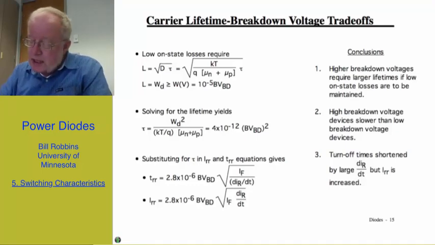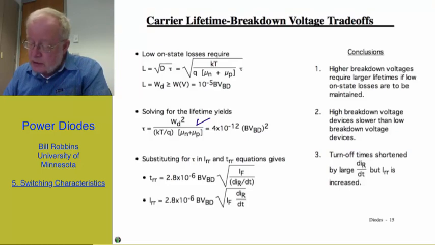So setting the diffusion length equal to the depletion layer thickness at breakdown and solving for the carrier lifetime gives the following. The carrier lifetime is given symbolically by this equation, and when you put numbers for silicon in, it is equal to 4 times 10 to the minus 12 times the square of the breakdown voltage.